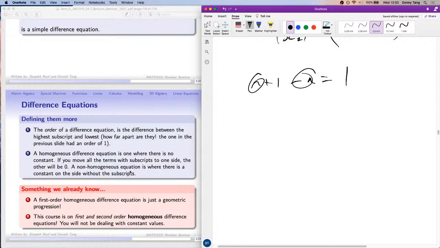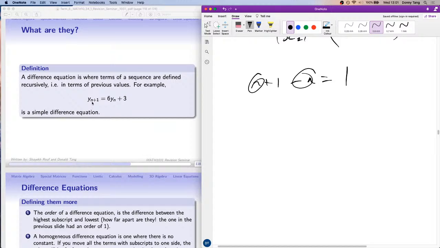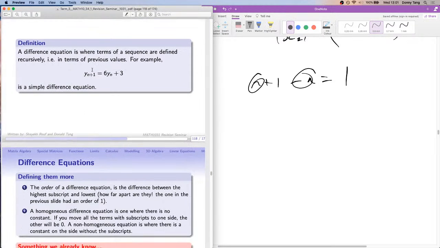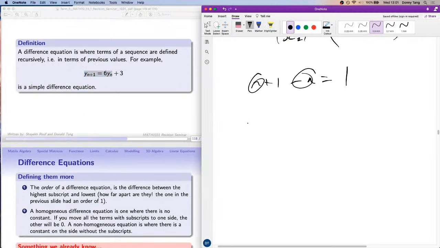A non-homogeneous equation is where there is a constant on the side without the subscripts. Over here, this one is non-homogeneous because when you move everything to one side, y_{n+1} minus 6y_n, there's going to be a constant on the right-hand side, and therefore it's non-homogeneous. If this was 0, then it would be homogeneous.